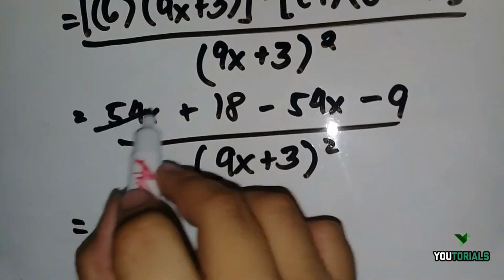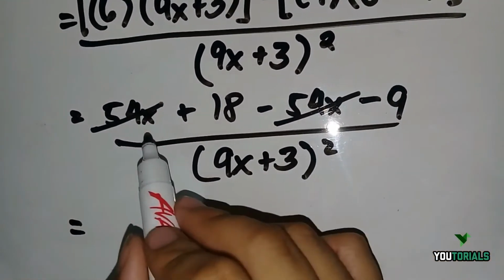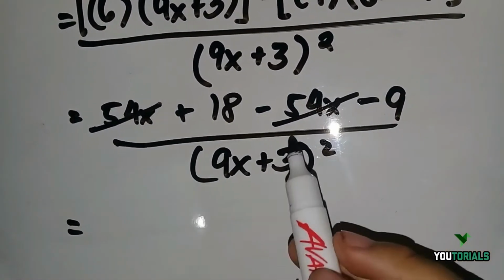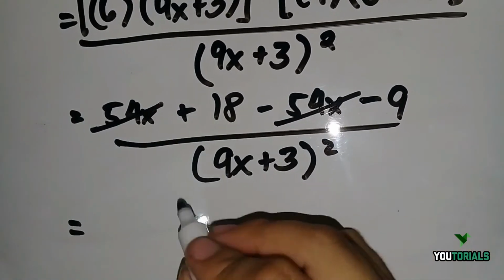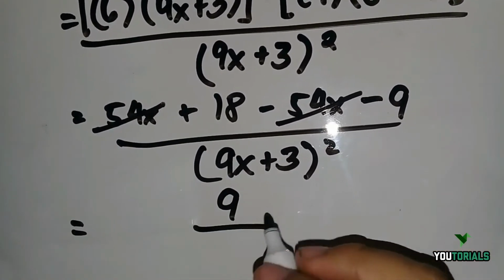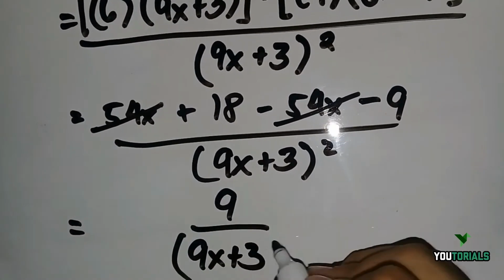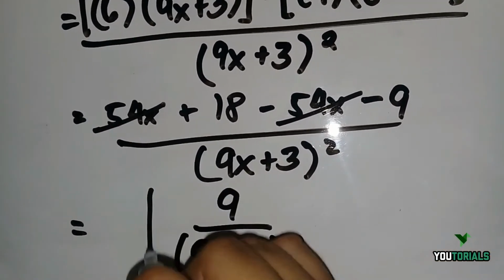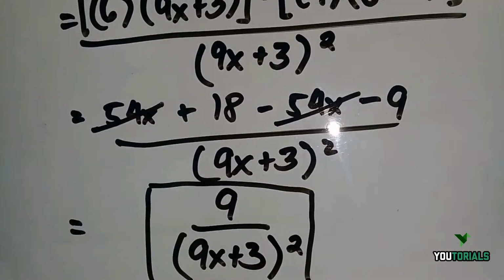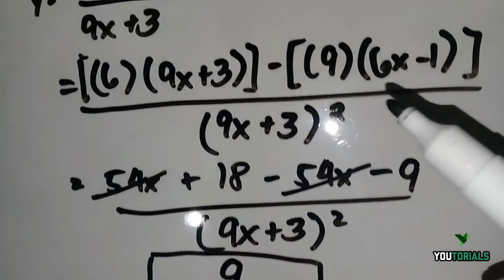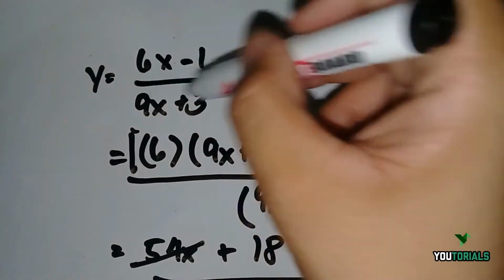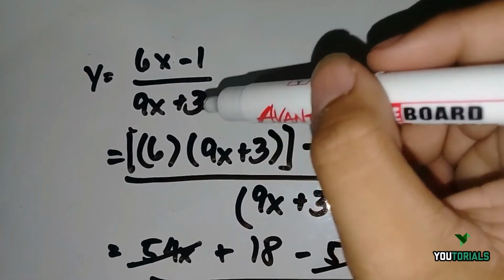We're just going to cancel this 54x because 54x minus 54x is 0. And here 18 minus 9 would be 9. Then 9x plus 3, we're just going to copy that. And here we have the answer. This is the derivative of 6x minus 1 all over 9x plus 3.